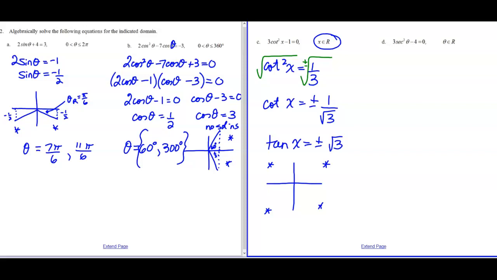Okay, so that comes from the 30, 60, 90, or pi over 6, pi over 3, pi over 2 triangle, where the root 3 over 2 is the numerator, right? So the y value. So this needs to be root 3 over 2. This needs to be a half, because when you divide those, remember the 2's divide out. So this is pi over 3.